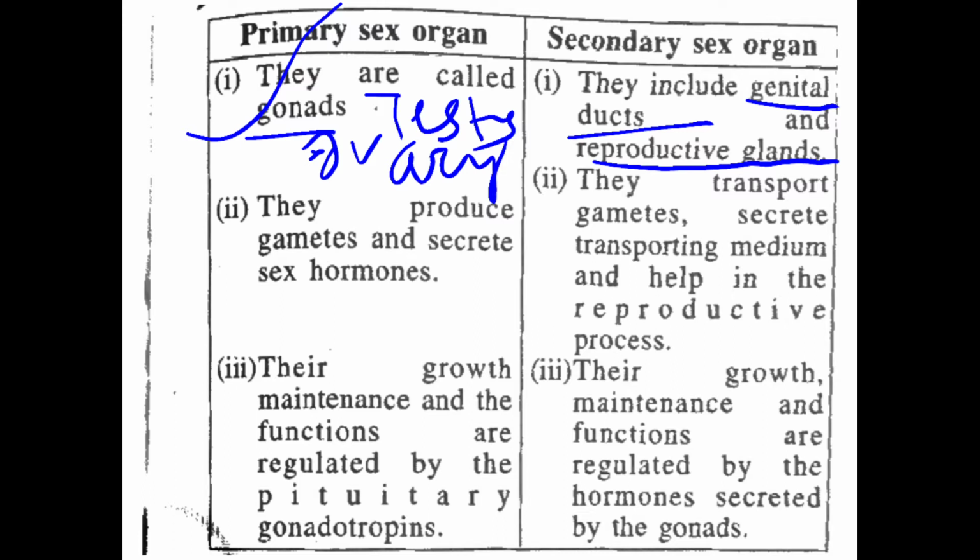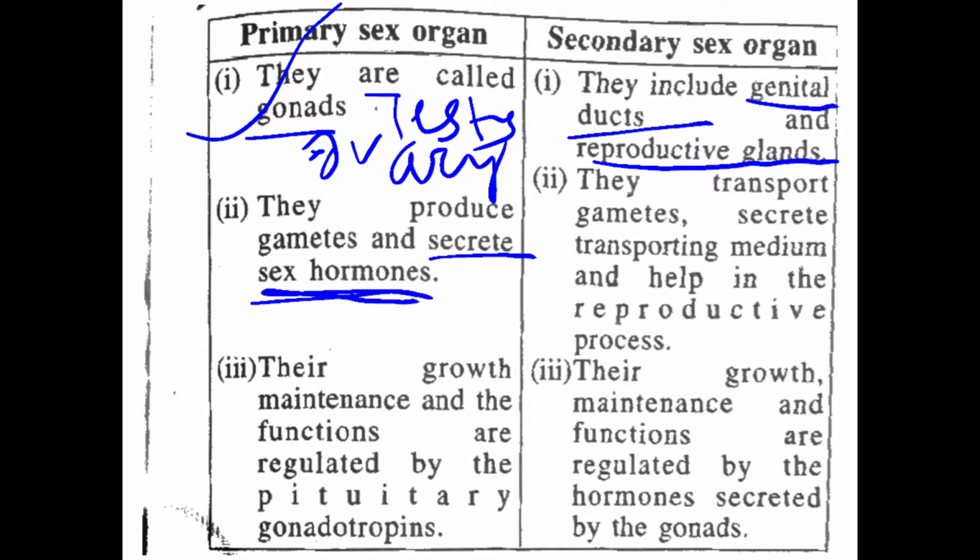What is the second character? Primary sex organs produce gametes and secrete sex hormones. We already know that primary sex organs, that is testis and ovary of male and female, produce male gametes and female gametes respectively, and they also secrete sex hormones for secondary sexual character.